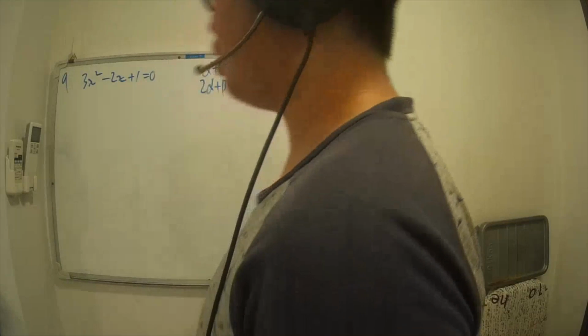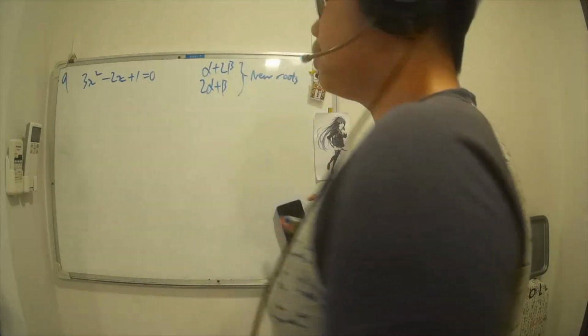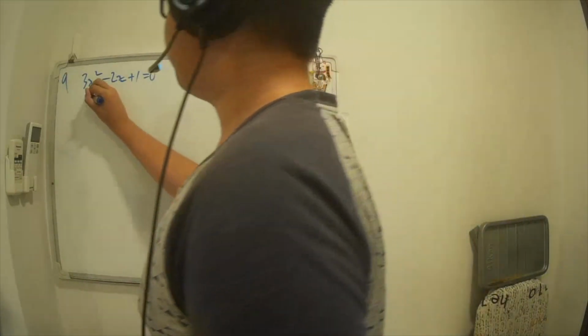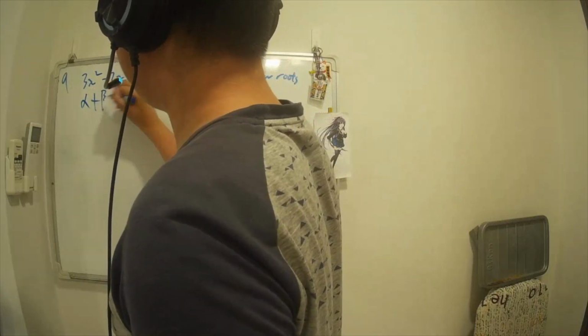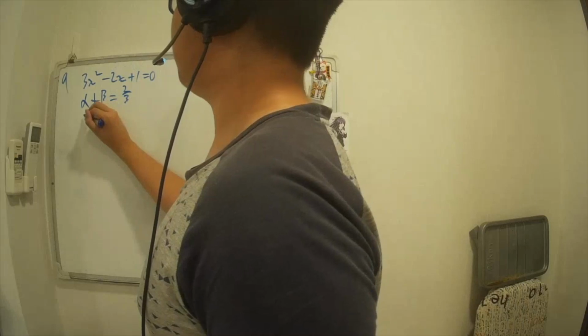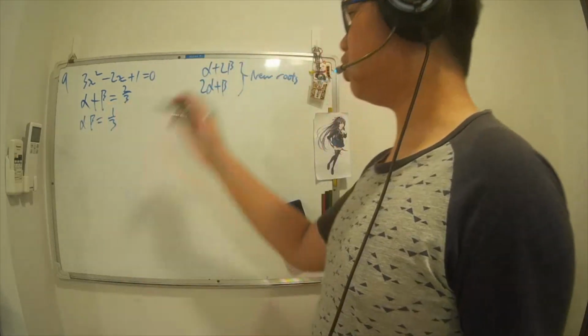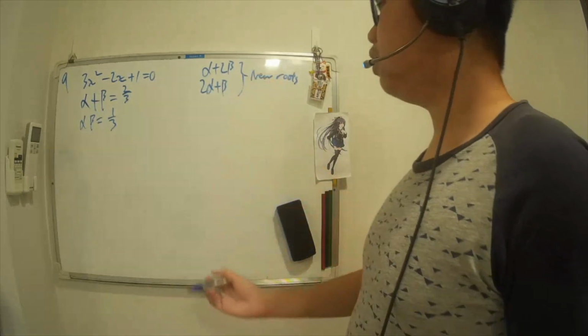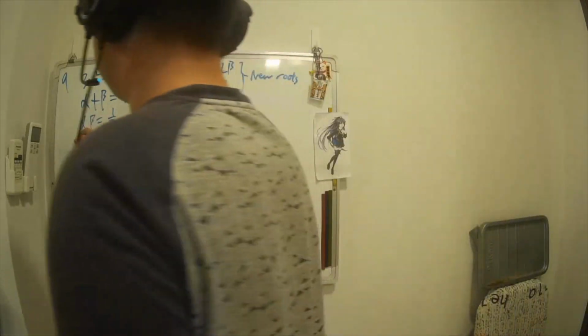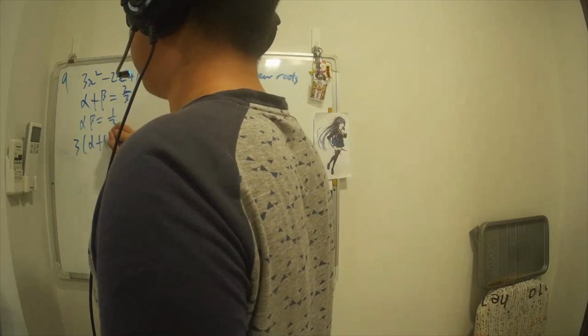I had this written out already because I made a mistake earlier, so let's try this again. Alpha plus beta is equal to negative b over a, which is 2 over 3. Then alpha times beta is equal to c over a, which is 1 over 3. Then the sum of roots is just 3 alpha plus 3 beta, right? So that's 3 times alpha plus beta, quite simple.